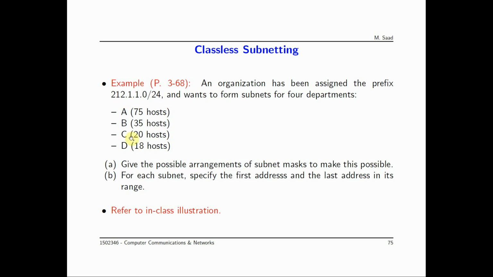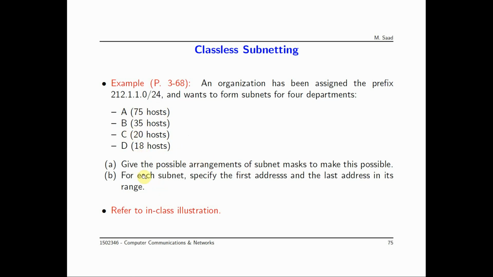For each one of these subnets, give the possible arrangements of subnet masks to make this possible. So what are the subnet masks used so that we implement this subnetting? You will see that for each one of the subnets, we have a subnet mask so that we implement this particular subnetting, A, B, C, D, with 75, 35, 20, and 18 hosts respectively.